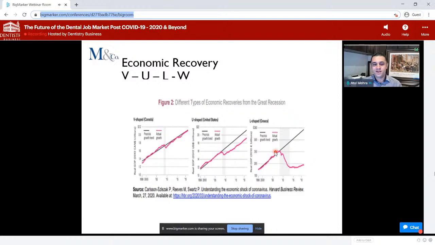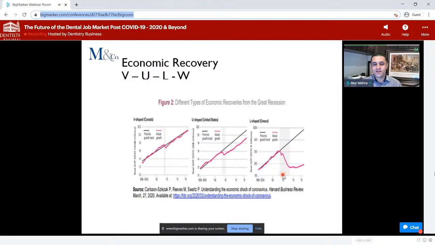In this particular case, with the COVID-19 issue, I think we're looking more at a W-shaped recovery, where it's going to be a little bit more erratic in terms of up and down, depending on the epidemiology of the virus and how things progress, and the job market may be the same. So there might be some inconsistency in the growth that we have.